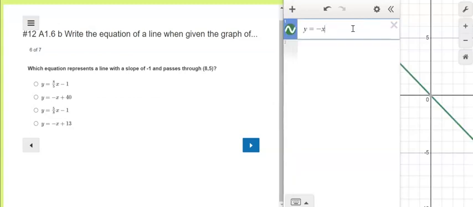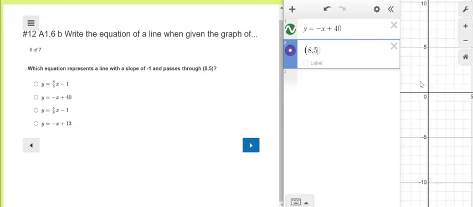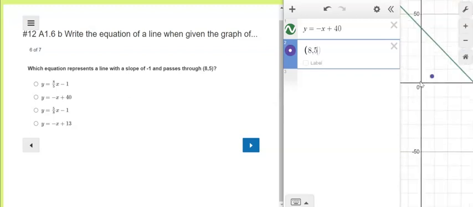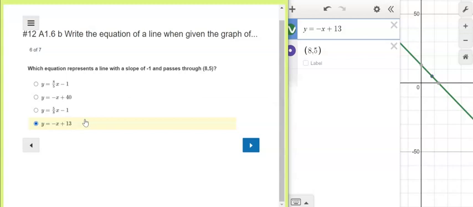I can use the point-slope form, or I can just graph it and check if this point 8, 5 is on this graph. No, it's definitely not on there. So it has to be the last one. Yep. And that's that.